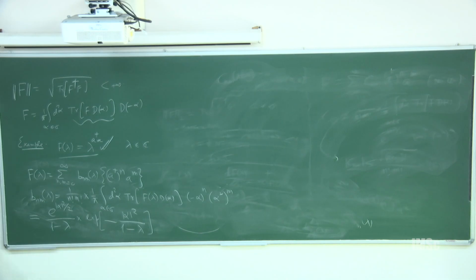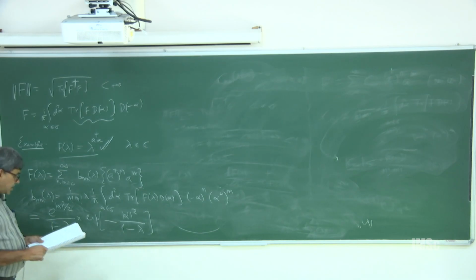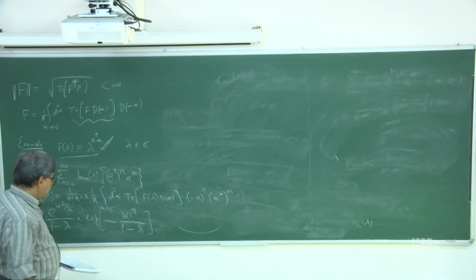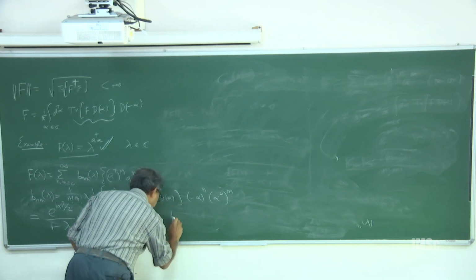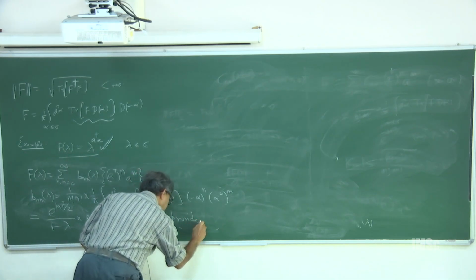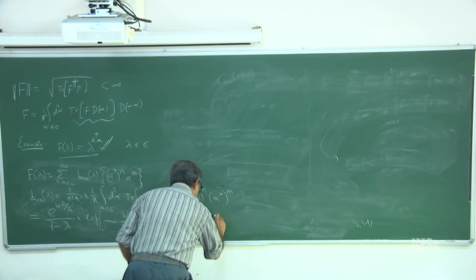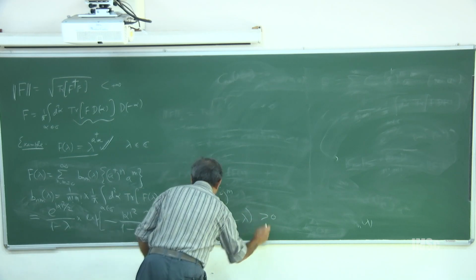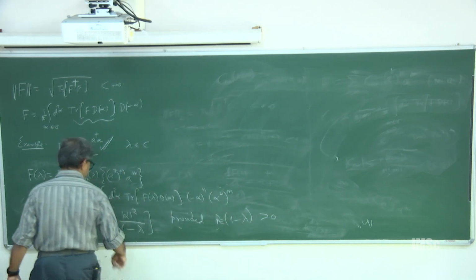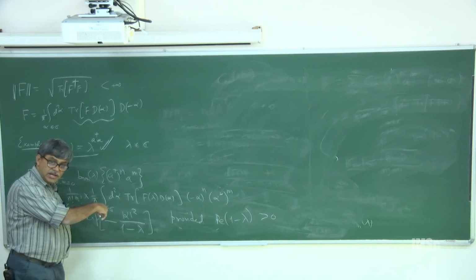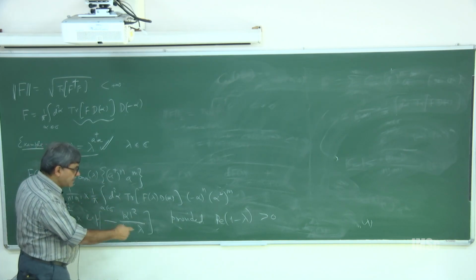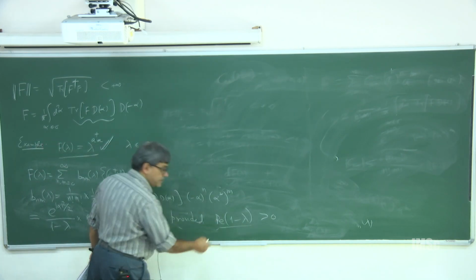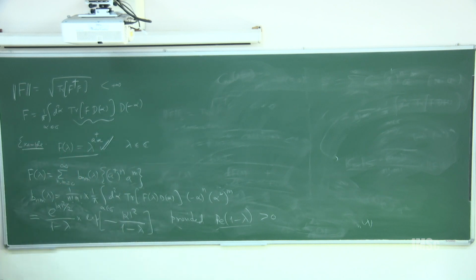But of course, one should be careful, provided the real part of 1 minus lambda is positive. Because you have to do the Gaussian integral, and that Gaussian integral demands that the real part of 1 minus lambda has to be positive.